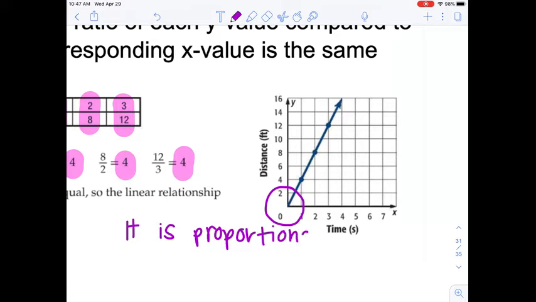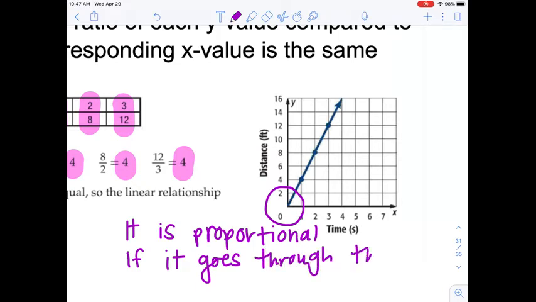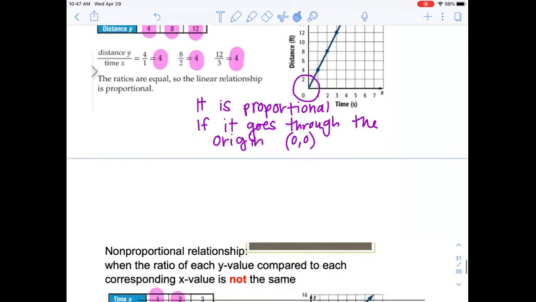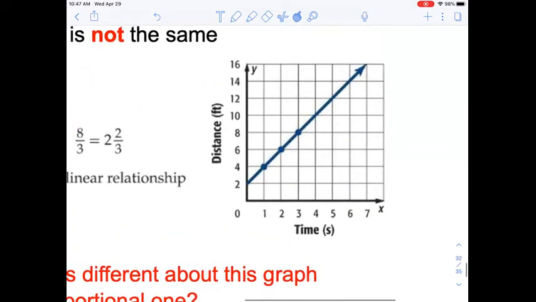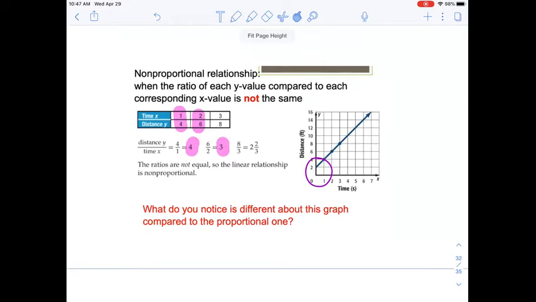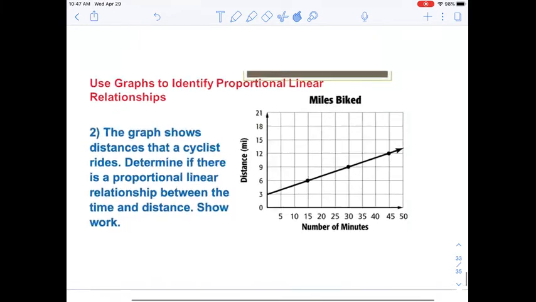It is proportional if it goes through the origin. So it has to go through that point 0, 0. That's the origin. If it doesn't go through the origin, not proportional. Right away we can tell that.